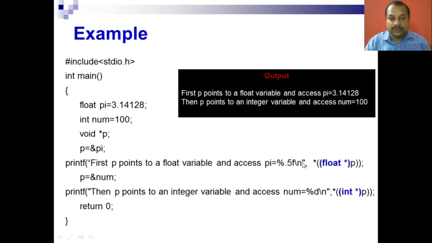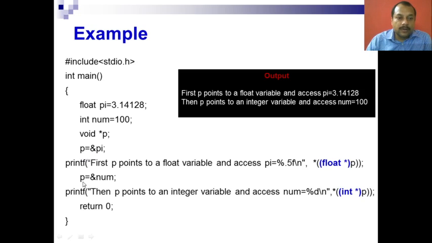Next, when I am using this, I am doing the typecast. I am telling that p is of type float star, so it is a floating point pointer. And after doing that, if I print, it is a typecast to the pointer, and then this parenthesis is for p on which star is given, so that it can print the content of p, which is the content of the memory location whose address is stored in p.